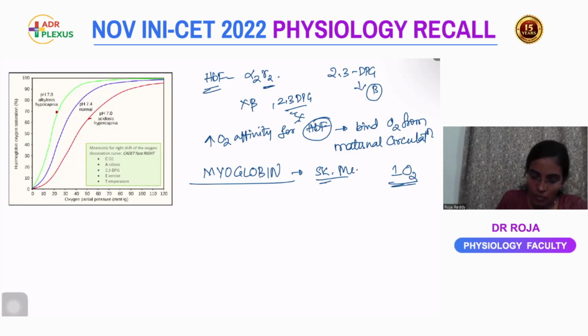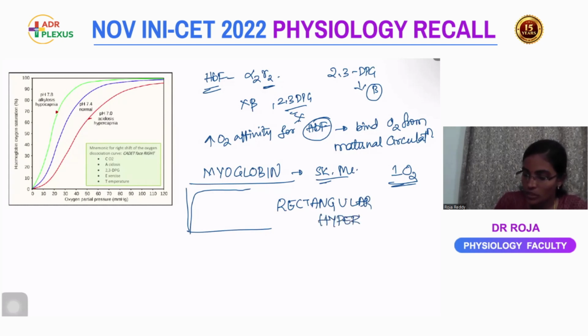If you look at the dissociation curve of myoglobin, it is a rectangular hyperbola rather than a sigmoidal curve. That is about the myoglobin.